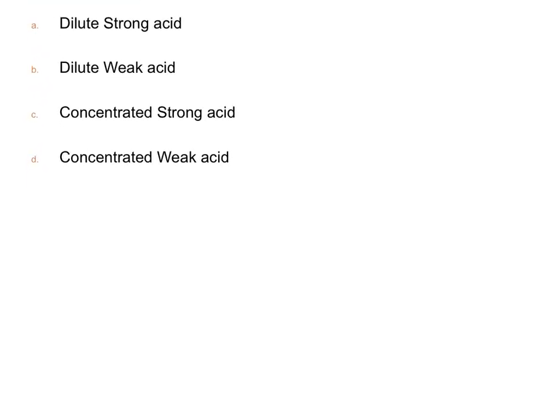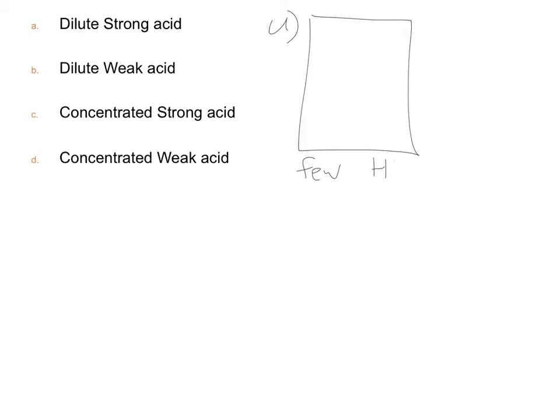So let's draw the following 4 scenarios. A. If I had a dilute strong acid, well, dilute means a few, and strong means dissociated. So I have H plus and A minus. So H plus, A minus, I'll draw one more. Okay, strong, dilute.